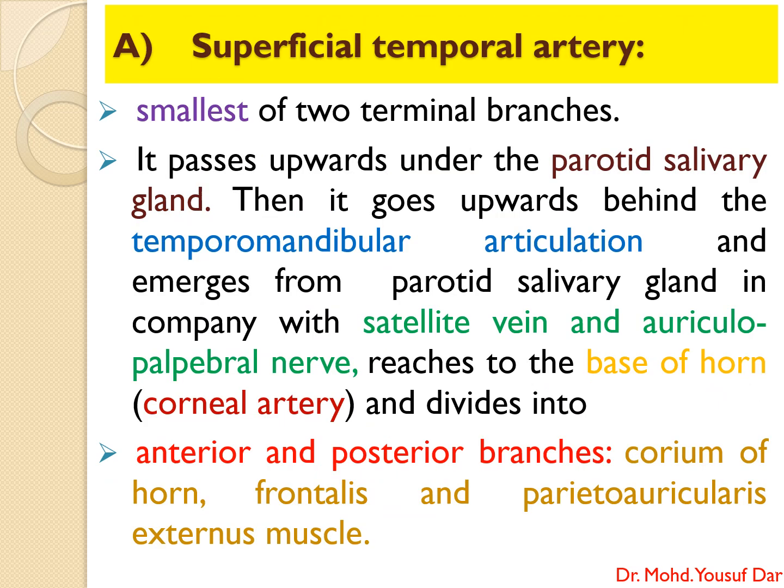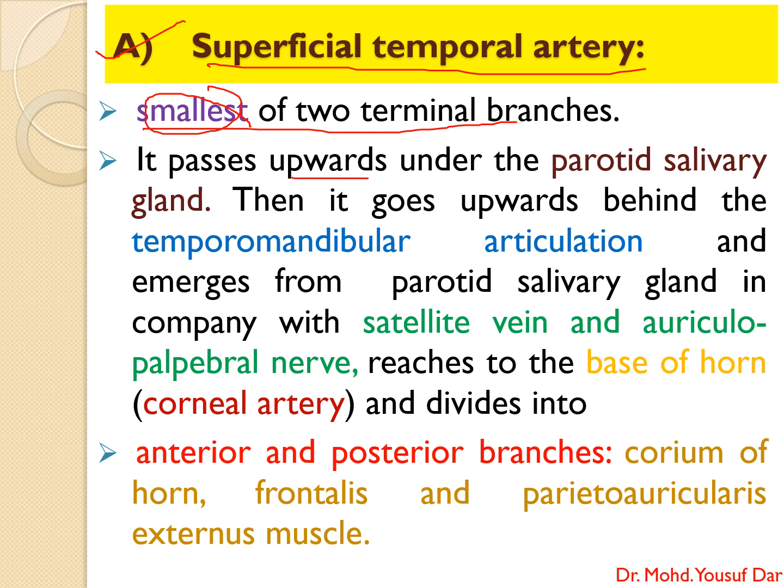Now coming to the first branch of the external carotid artery, the superficial temporal artery. This is the smaller of the two terminal branches. That means among the superficial temporal and the internal maxillary, the superficial temporal is the smaller one.